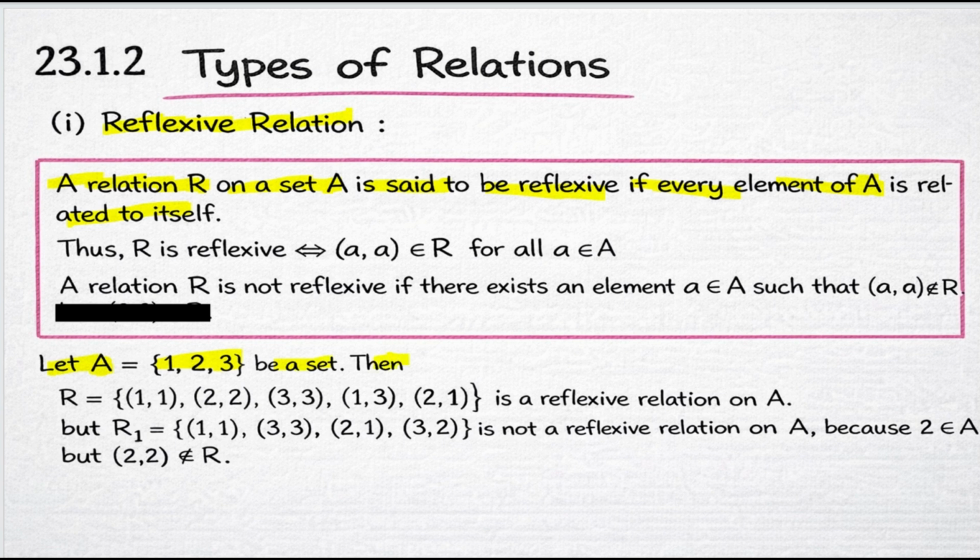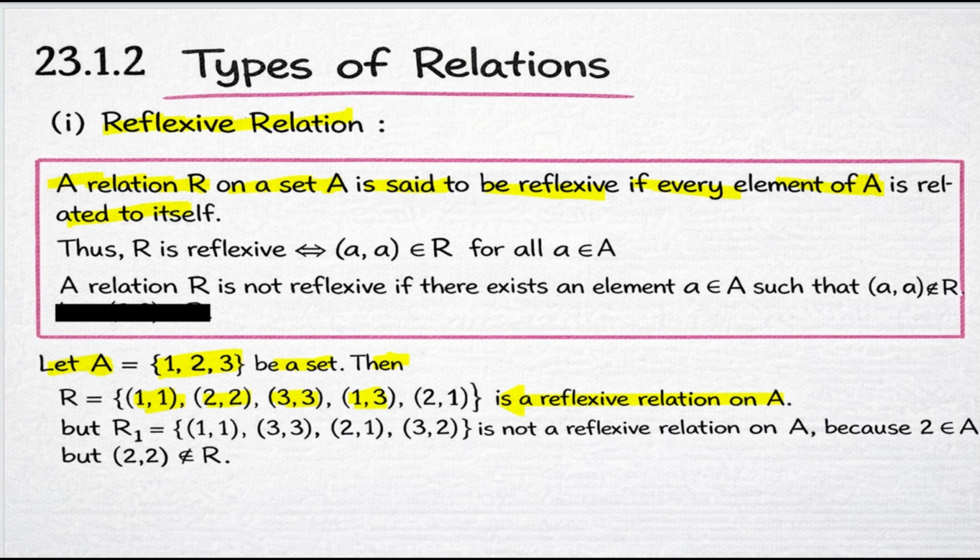Then the ordered pairs (1,1), (2,2), (3,3) mean that all the elements of set A are related to itself. It may contain extra elements, but if all the elements of set A are related to themselves, then that relation is called a reflexive relation on set A.